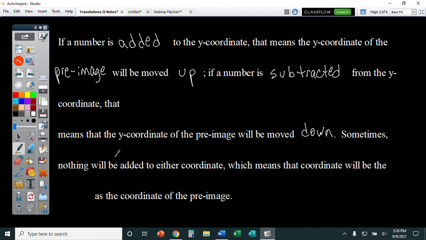Sometimes nothing will be added to either coordinate, and we'll see an example of that. In other words, it'll just be x or y. That part of the rule means that coordinate will be the same as the coordinate of the pre-image, okay? So there will be a rule in which a number is added or subtracted to each coordinate, and that's going to tell us what direction to move the vertex for the image, okay?